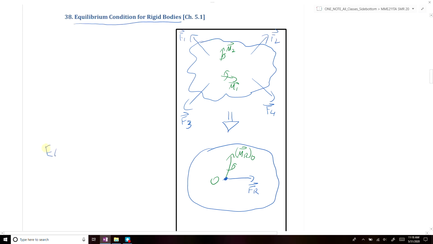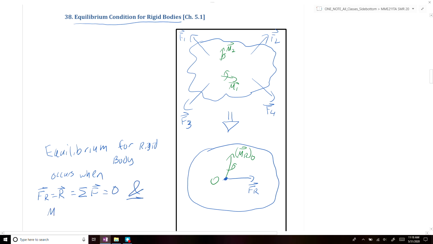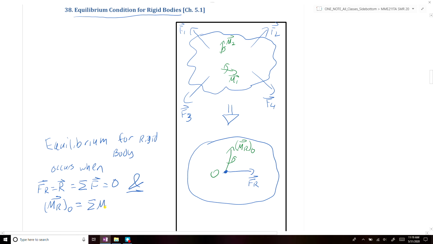So equilibrium for a rigid body occurs when the resultant force, or the sum of all of our forces, is equal to 0, and our resultant moment about a point, which is equal to the sum of all of our moments due to our forces plus the sum of any couple moments applied to the system, is equal to 0.